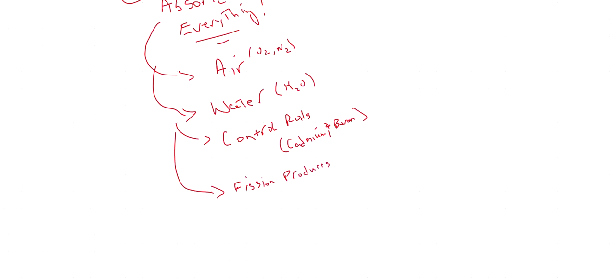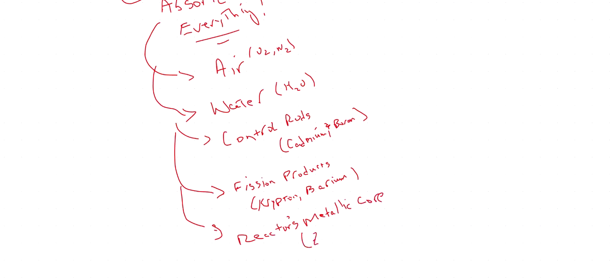Remember the fission products are krypton and barium. And they're being absorbed by the reactor's metallic core made of zircaloy. It's called zircaloy. It's an alloy. Again, I won't ask that, zircaloy.